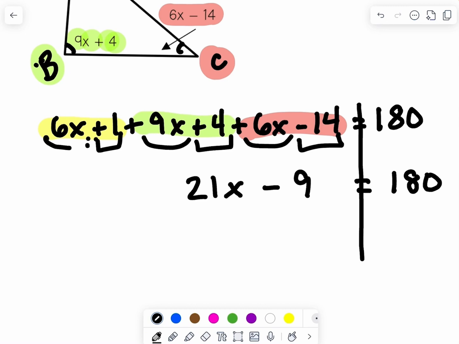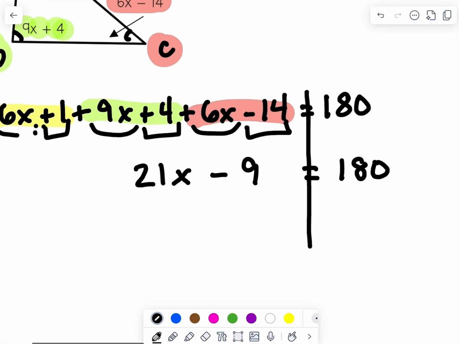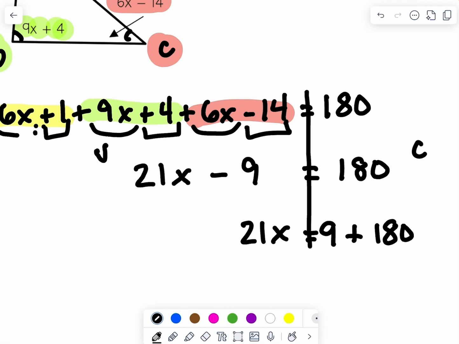All right, now that looks a little bit more simple, and I can separate my variables and my constants. I want 21x to stay, and that's the only variable. And then my negative 9 is going to flip to positive 9 on this side, and it's going to add to 180, that will stay positive because it does not flip over the line.